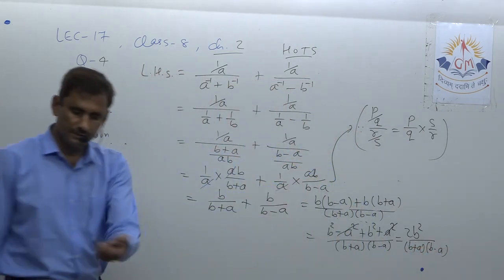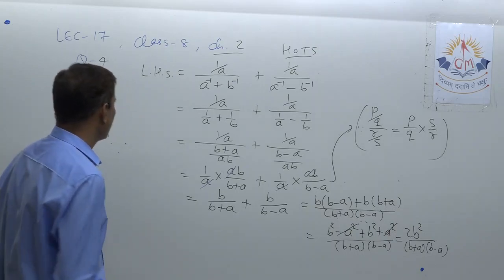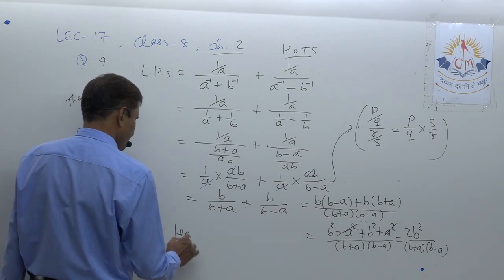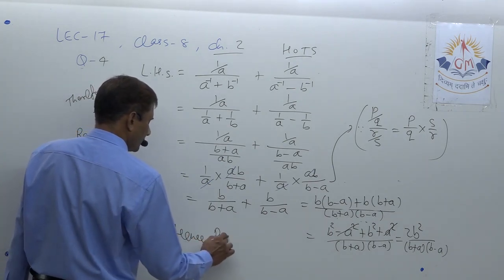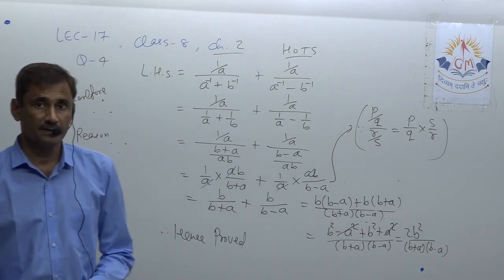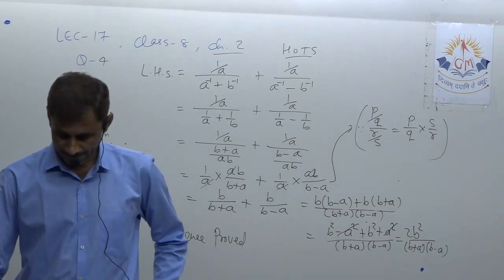Okay, so we got it. So therefore, left hand side equals right hand side. Hence proved. Otherwise, you can say the given expression is right, the given equation is right.